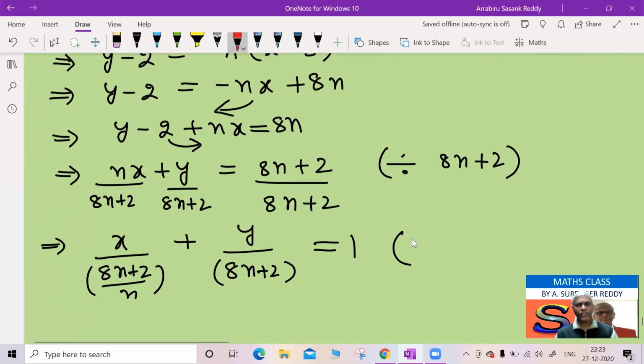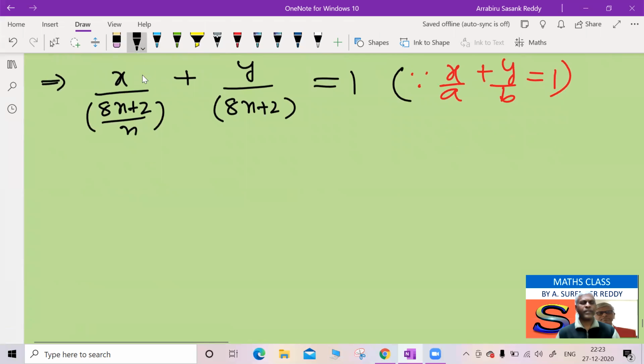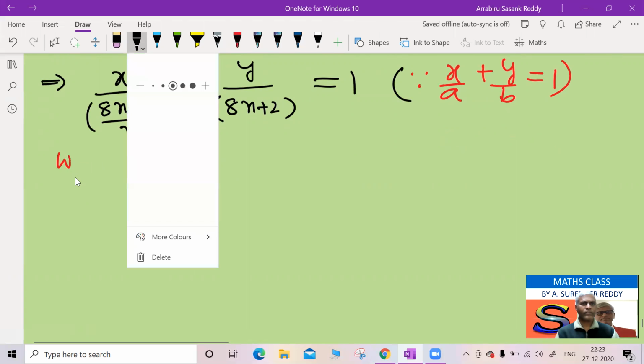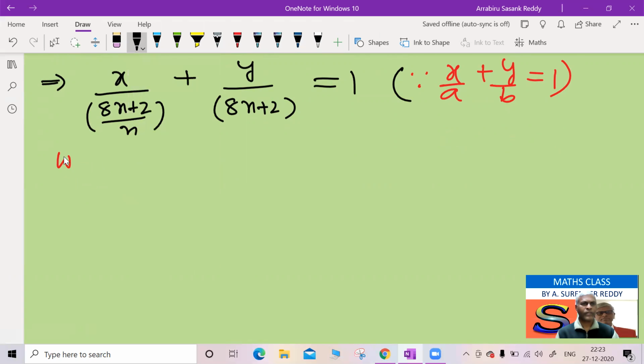So this is in the form of x by a plus y by b is equal to 1, intercept form, where a is the x-intercept.